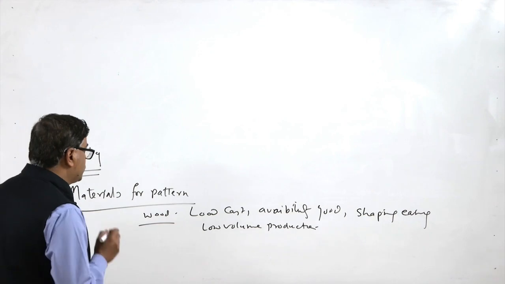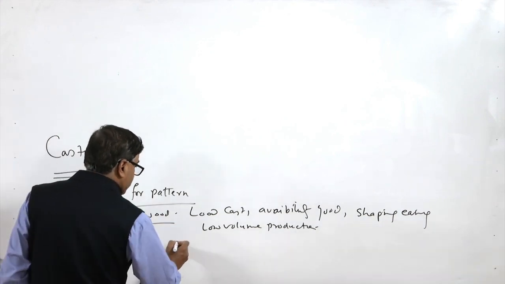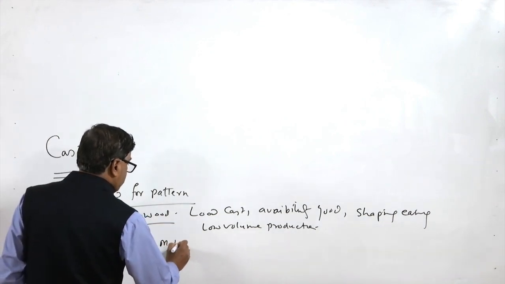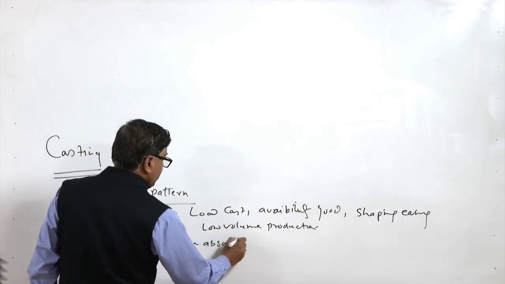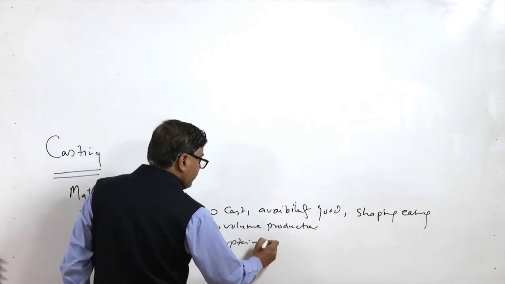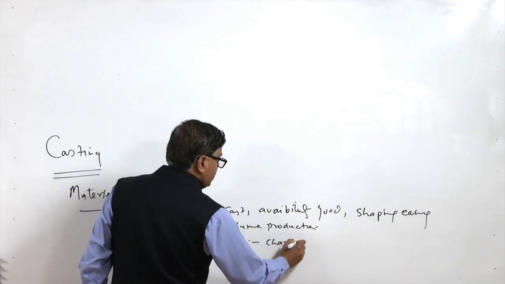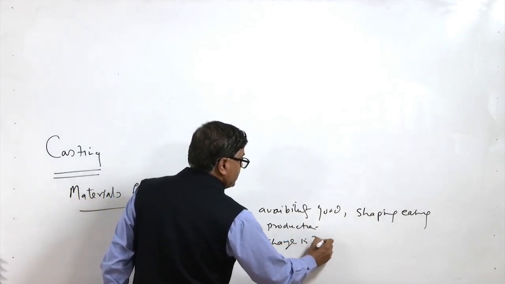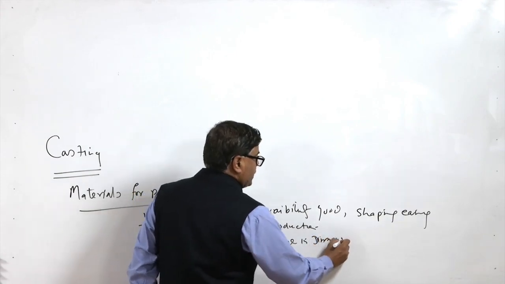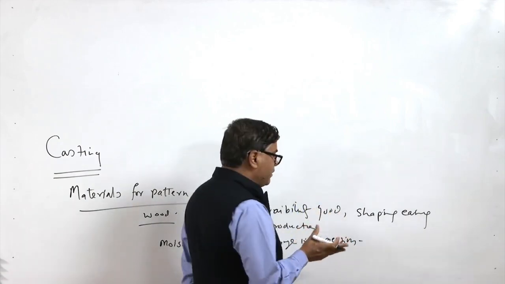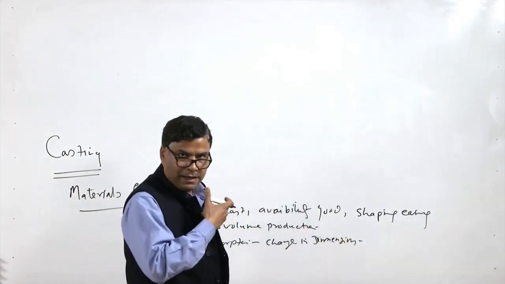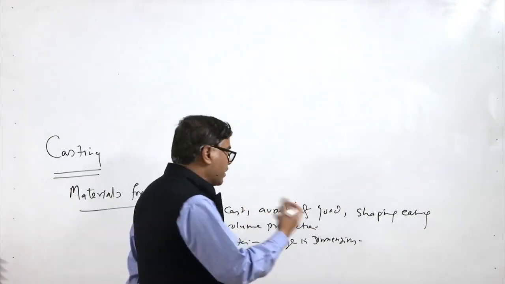But there are issues like the wood absorbs the moisture. So, moisture absorption leads to the change in dimensions. Once there is a change in dimension, it will lead to the change in size of the mold cavity, and which will lead to the casting having dimensions which are not desired.